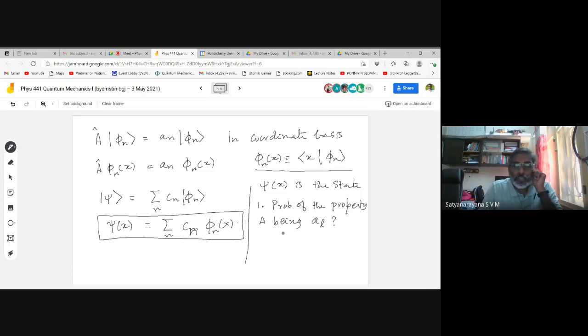Now this is discrete. What is the answer? The answer is modulus of CL squared. This is the probability. A has discrete eigenvalues A1, A2, A3, etc. So the probability of this AL is a discrete probability distribution.